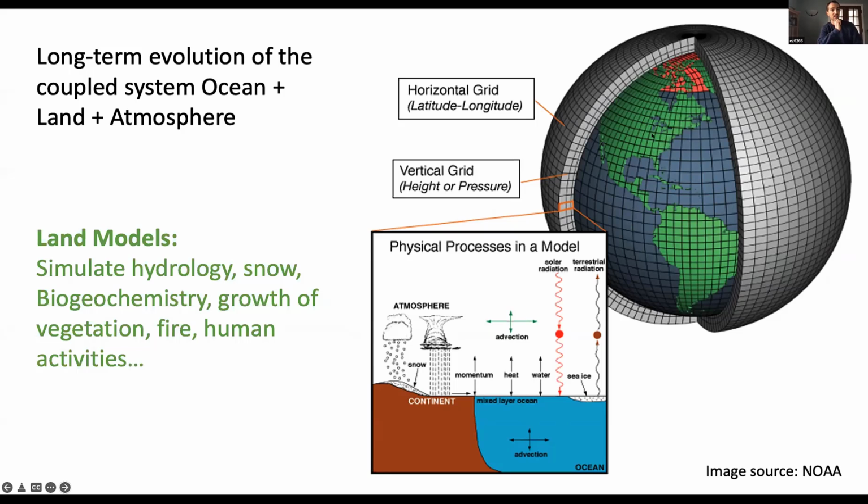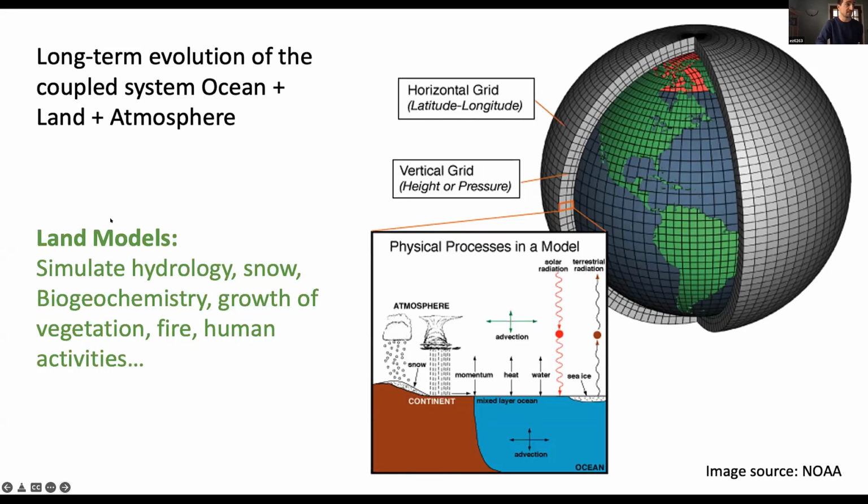And within each grid cell, what the model does is solve the mathematical equations of the physical processes that we want to describe. For example, land will receive rainfall and other quantities from the atmosphere, and then it will compute, it will evolve. So for example, vegetation is evolving, the water storage, and a lot of other quantities which we're interested in are the object of calculations.